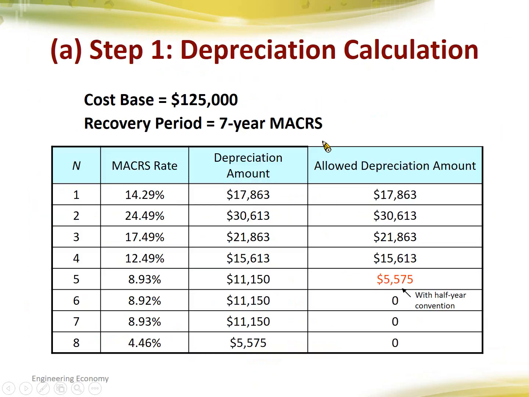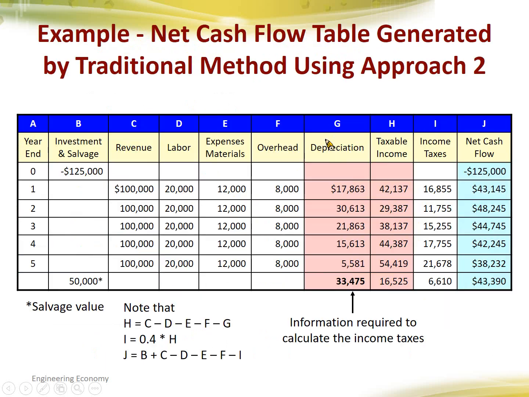We can also consider this kind of computation to get the salvage value. Similarly, for this value, taxable income is something subtracting something. Income tax is taxable income multiplied by a tax rate, and net cash flow is the subtraction of these two.